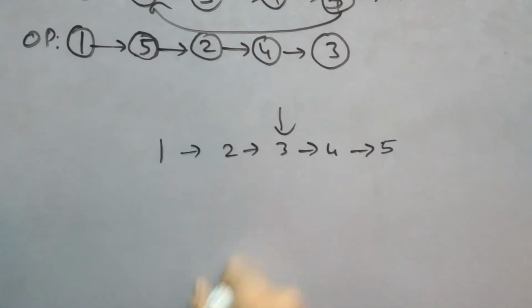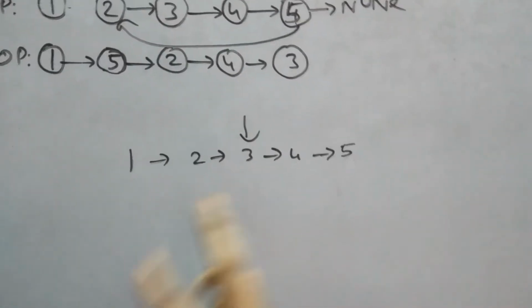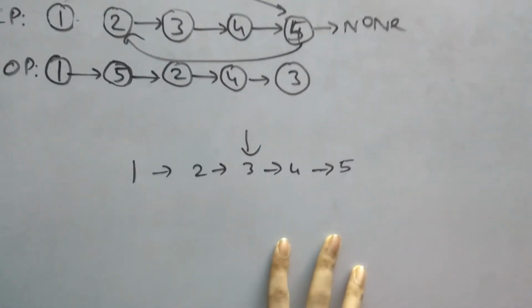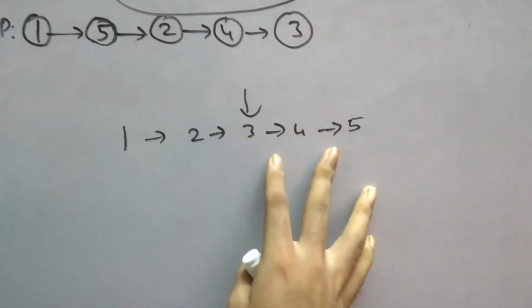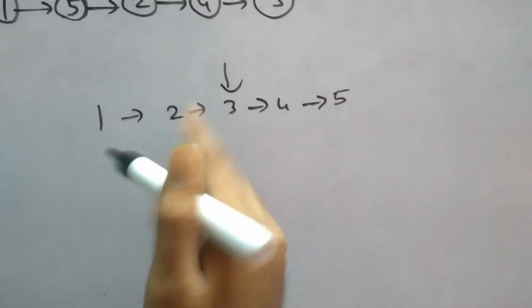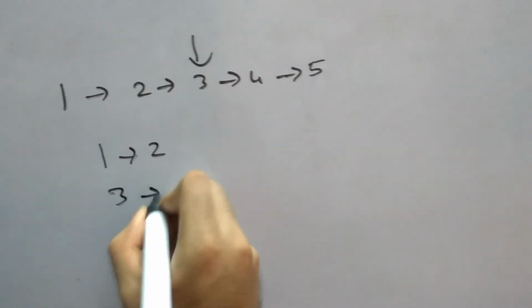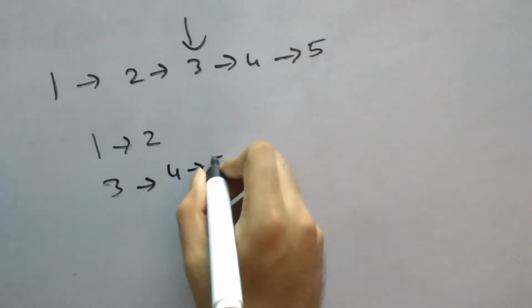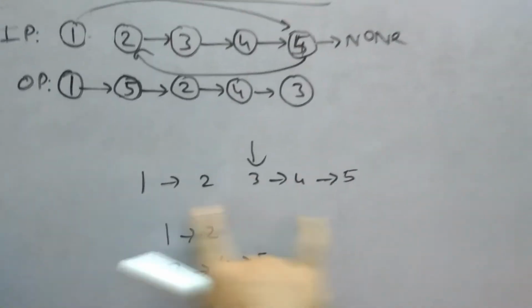Now let's say we detach this linked list into two separate linked lists and start merging them together. How will these two linked lists look if we separate them from the middle? One linked list will look like 1 2, another will look like 3 4 5. We just delete this pointer and break them into two linked lists.